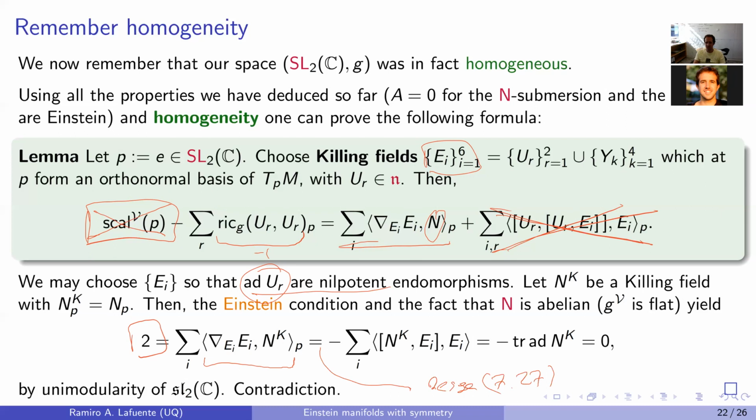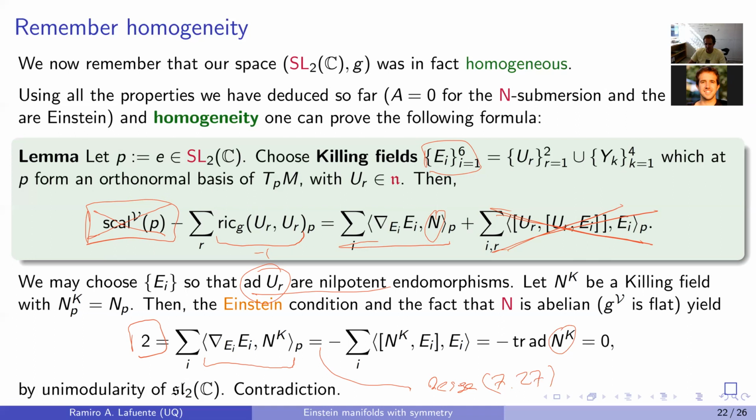And this gives an expression in terms of the Lie bracket, but this is nothing, because E_i is a basis of SL2C, this is nothing but minus a trace of ad of this vector, the adjoint endomorphism. And because SL2C is a unimodular Lie algebra, this is 0.